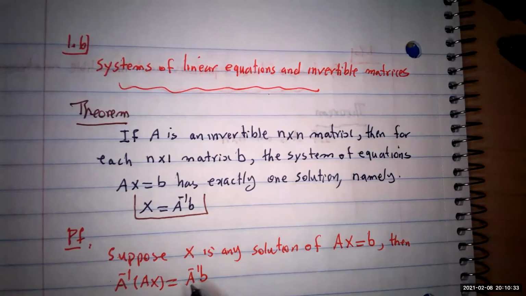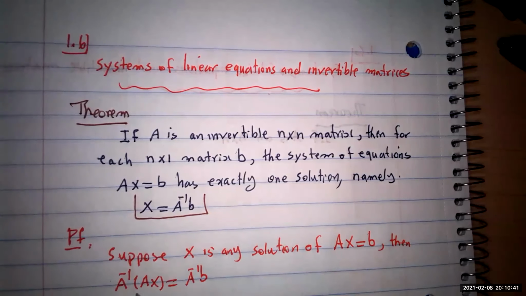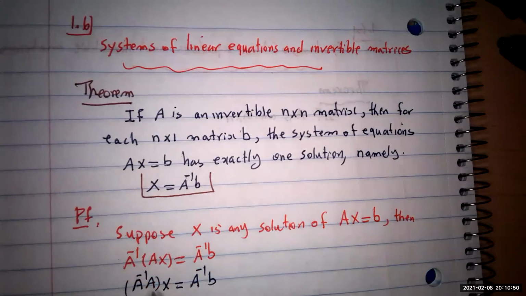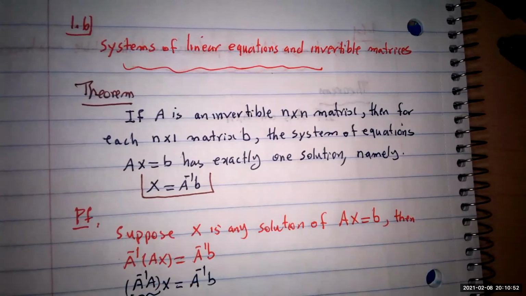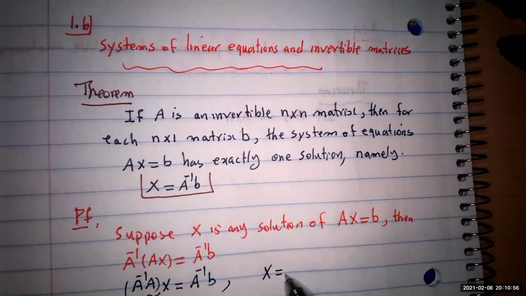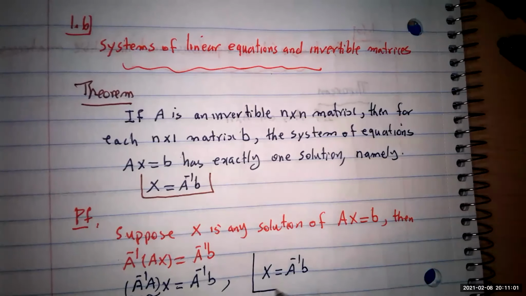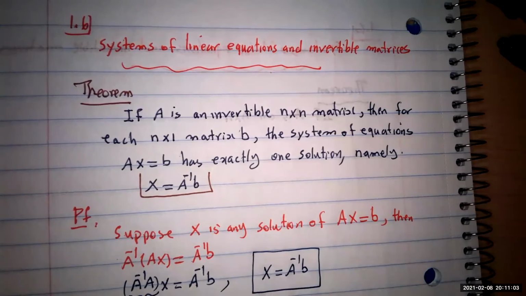By the associative property, we can put the A inverse and the A together, and we have A inverse A times X equal to A inverse times B. But we know that this part is an identity, so identity times X would be X. So X is equal to A inverse B, and that gives you the solution.